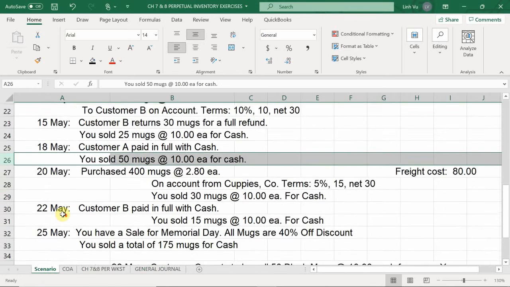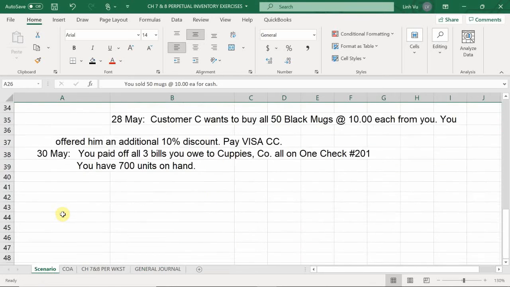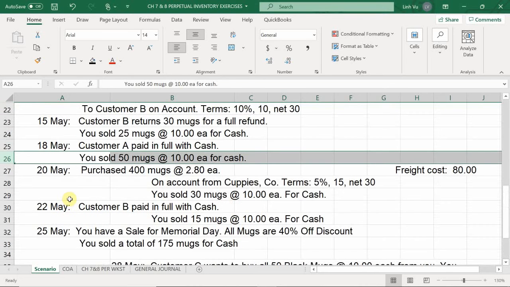So then finally on May 20th, we end up purchasing an additional 400 mugs at $2.80 each, with the freight costing $80. You place it on account for Cuppy's Co., with terms of 5% if you pay within 15 days. If not, the whole thing is due in 30.